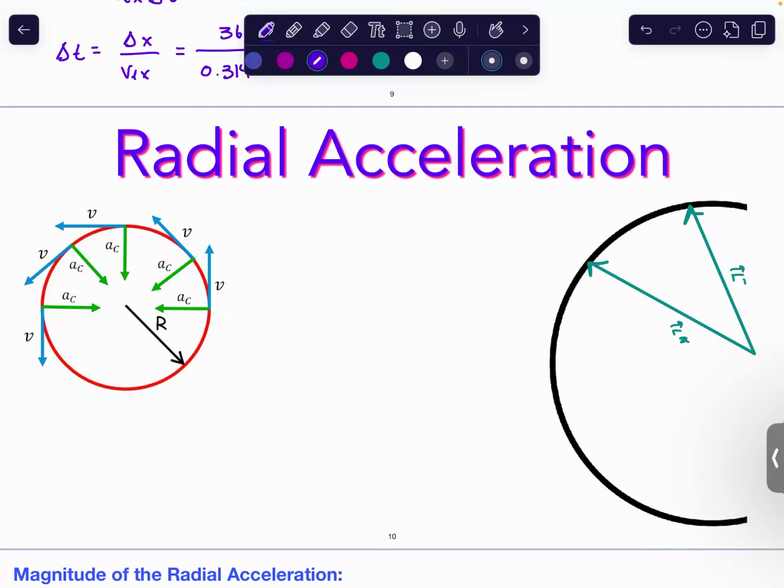And at each one of those points, there's going to be a velocity vector that comes off. And so what can we do?